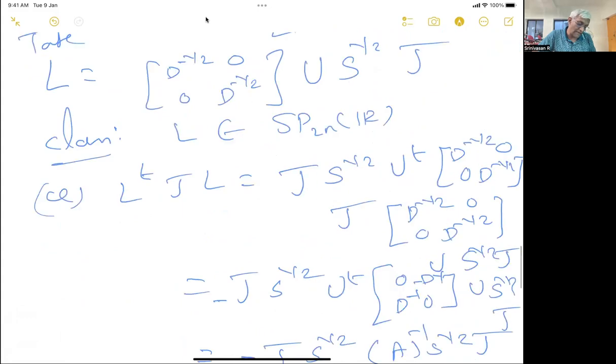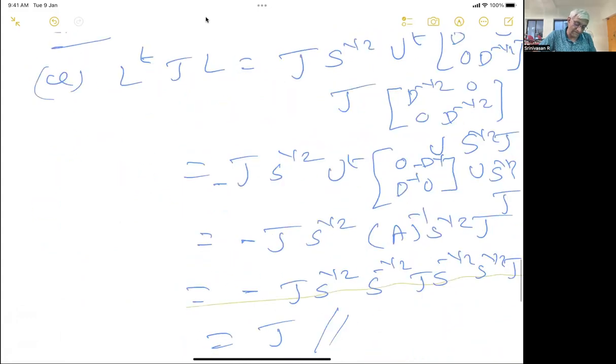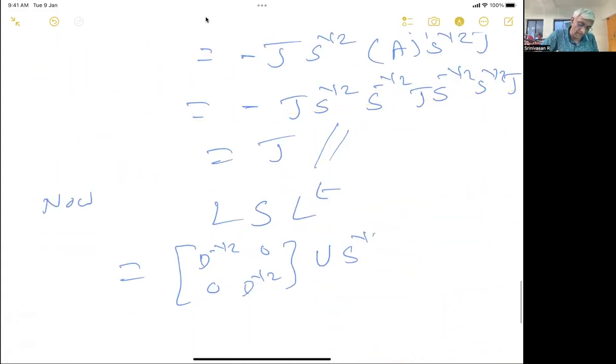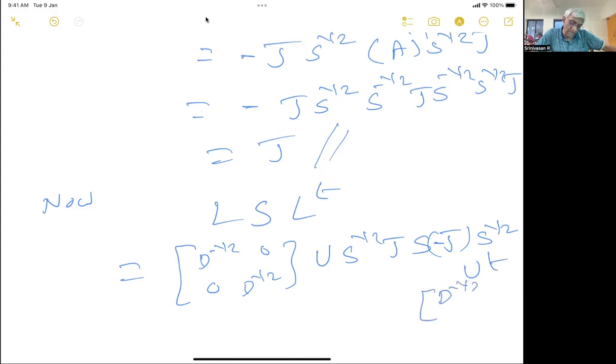Diagonal d, u s power half g, u s power half g, then S in the middle, then the transpose of that. So that is going to be minus j, right? The transpose of S is minus j. S power half, then u transpose, and then d power minus half 0, 0, d power minus half.